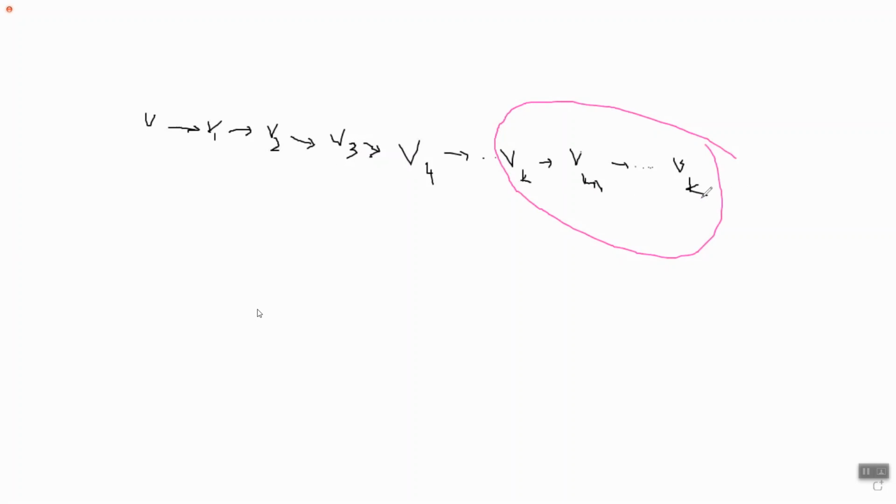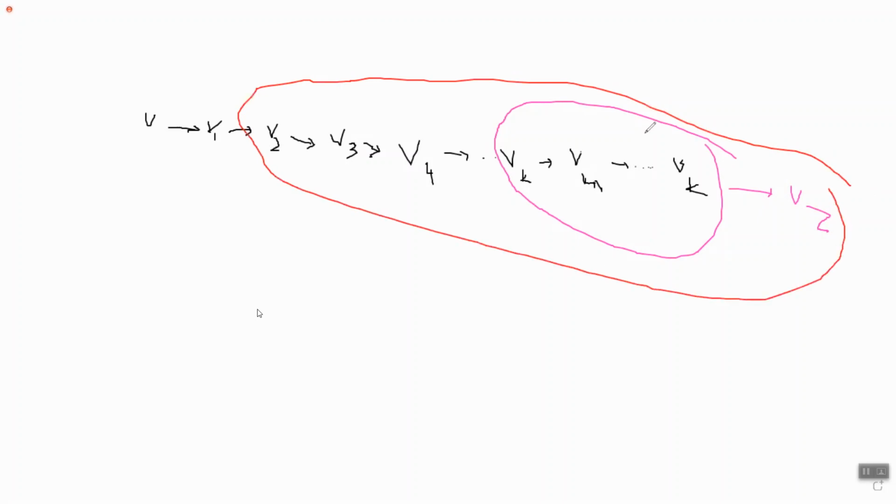Again, you are coming to a vertex you have visited. From that vertex to this, that part is a cycle, Vk to Vk. Or if it is V2, again you get V2 somewhere here. Between these two, this is called a cycle, V2 to V2.